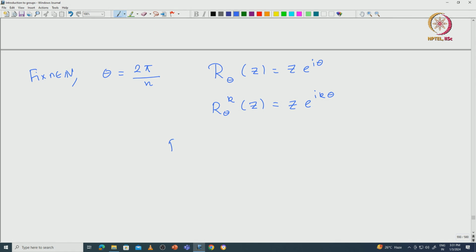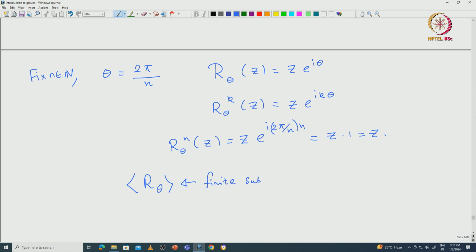Now r theta to the power n of z is exactly z times e to the power i 2 pi by n times n, which is exactly equal to z times 1, which is z. So, that means the subgroup generated by r theta is a finite subgroup of isometries of R2.